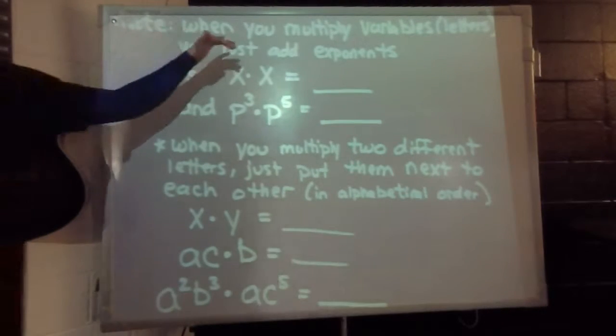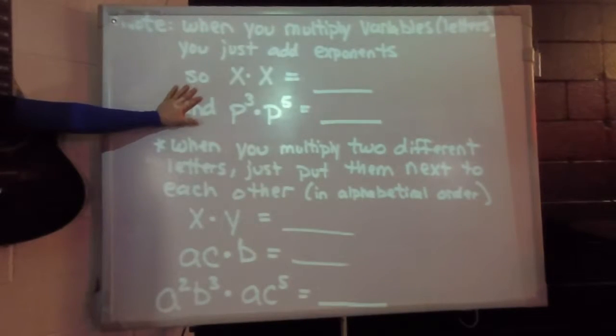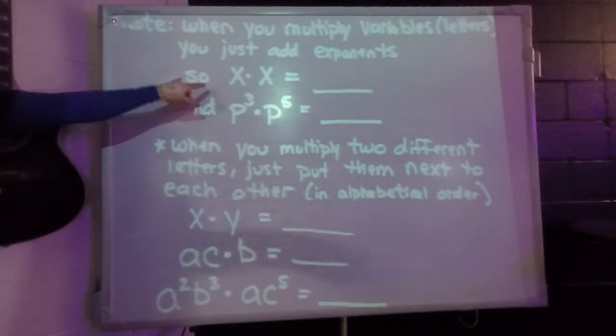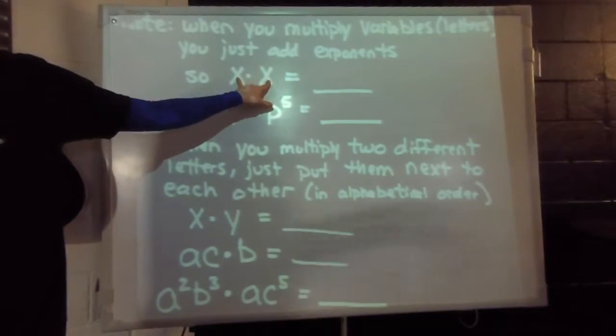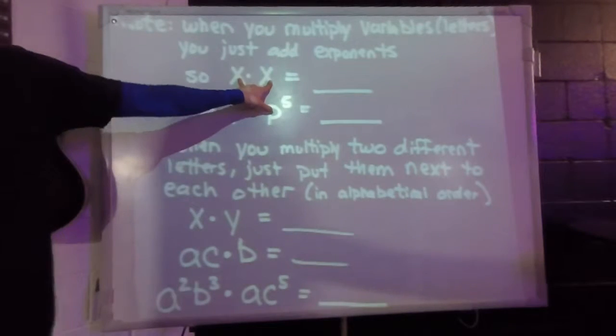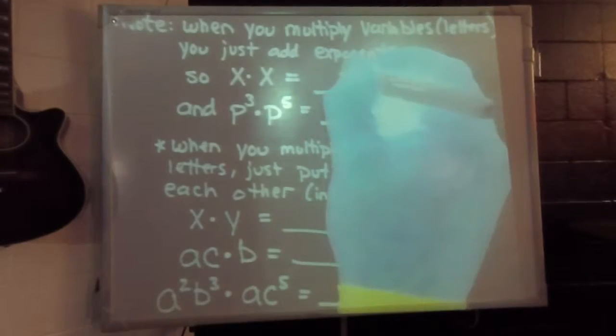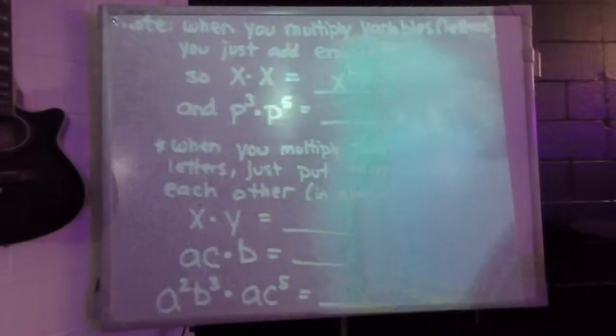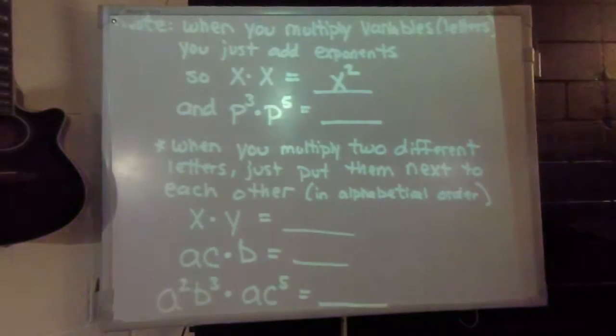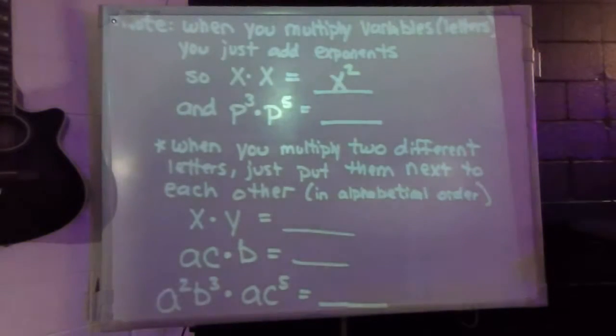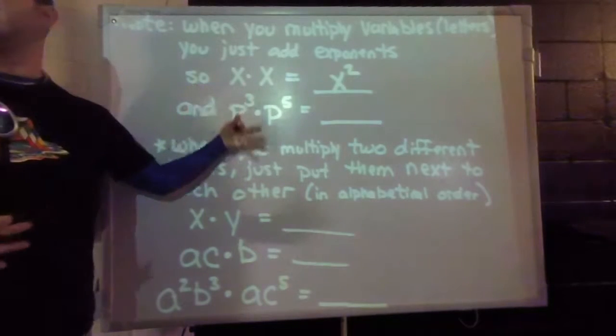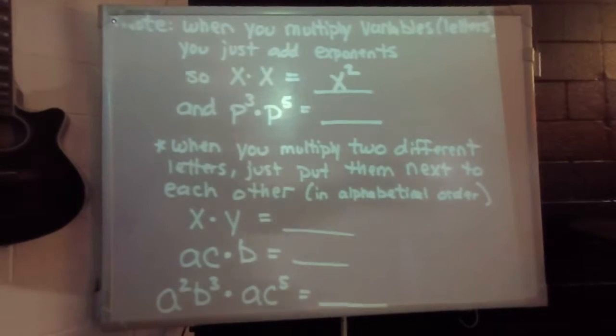All right, so before we look at how complicated these are, I want you to think of the simplest things we know. When you multiply two letters that are the same, like x times x, what do you get? X squared. Now if you multiply letters that already have exponents, like the P3 and the P5, what do we do? P15?